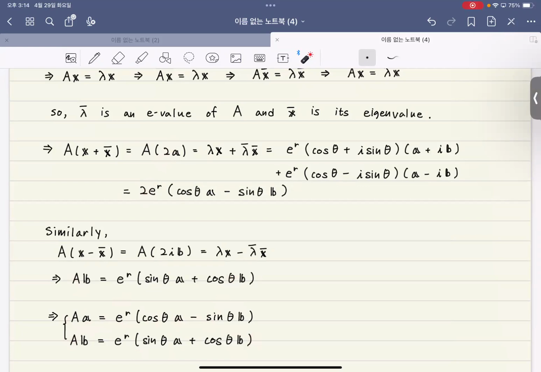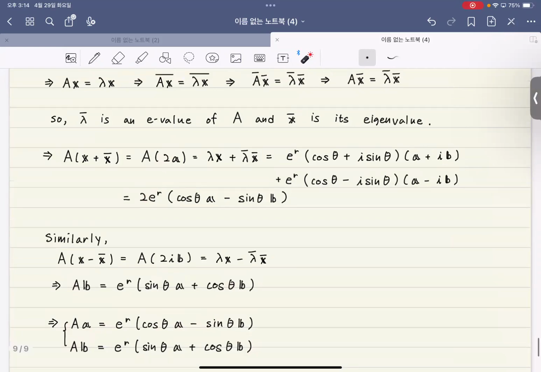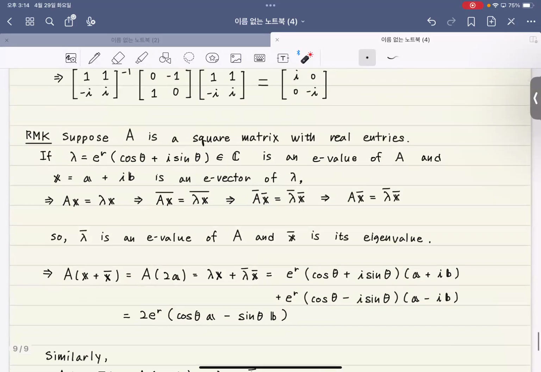So what do you know here? Having a complex number as your eigenvalue means it is working like this. If the eigenvector of the eigenvalue lambda was a plus i b, so this is a and this is b, a and b are real vectors, right?